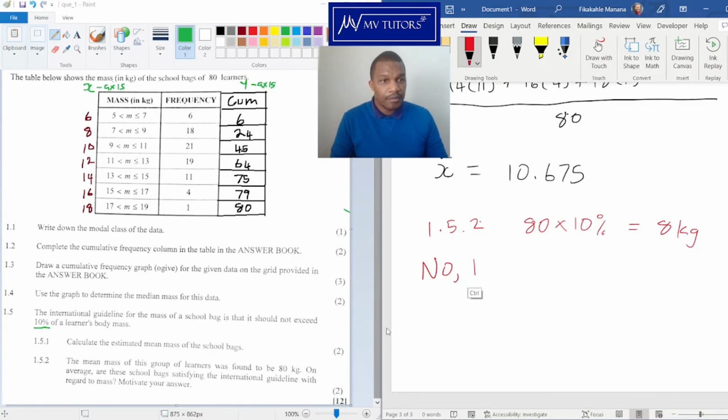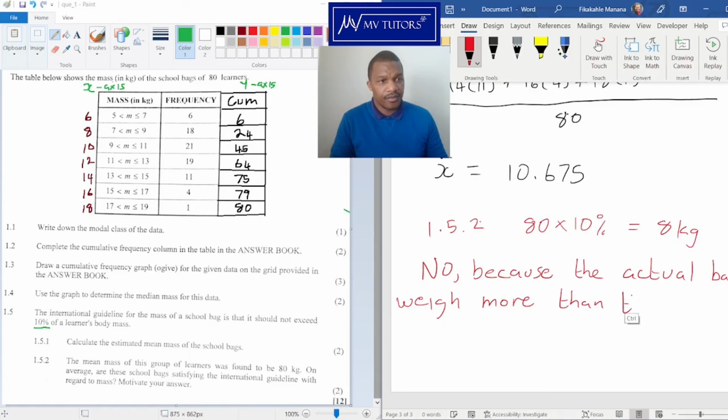Why? Now this is just up to you, whatever English you can use, as long as it makes sense. I'm going to say because the actual bags weigh more than the international guideline.